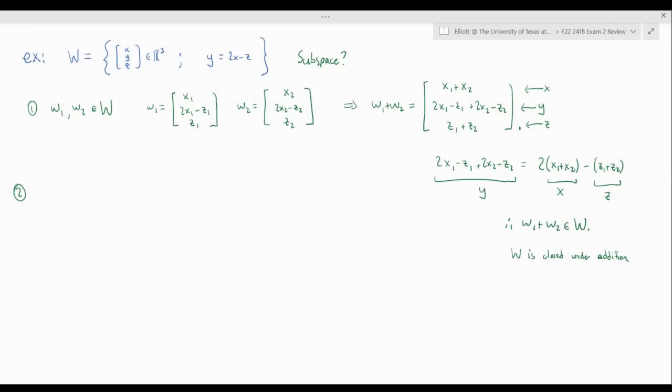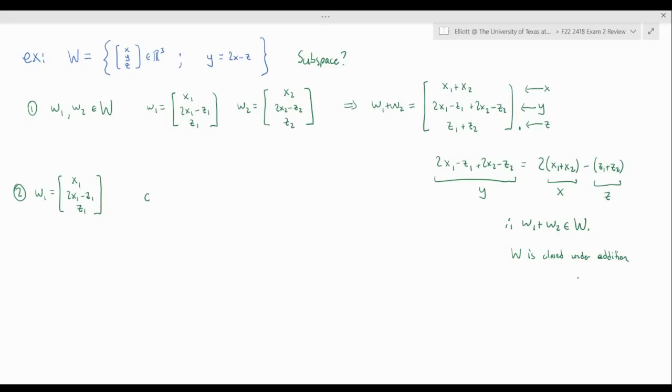Checking scalar multiplication will be kind of similar. Let's continue working with the vector W1 that we had previously. Instead of adding W1 with another vector, we're going to multiply W1 by a scalar.